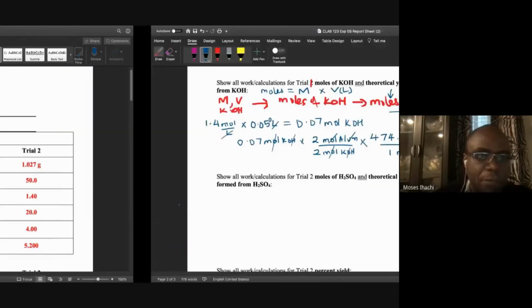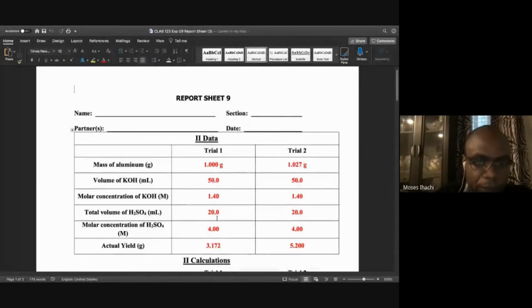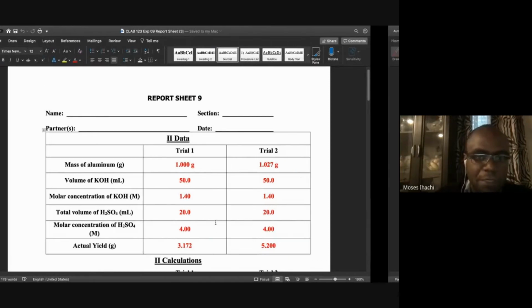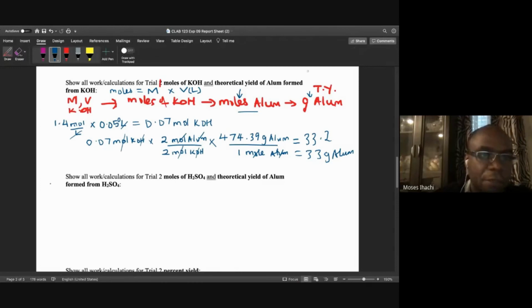Going back to the table, we see we are given the volume and we are given the concentration. So we do a similar strategy. We have to convert the molarity and the volume to moles. Then we use our reacting ratios to find the moles of alum and then convert that to grams.